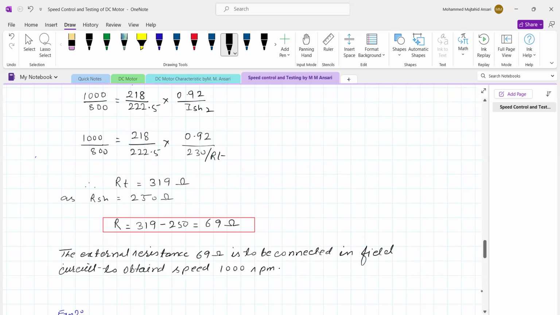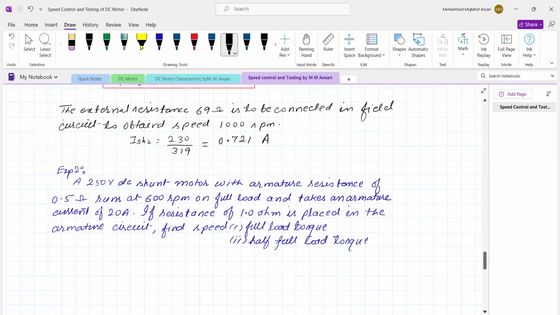Now from this one, we can calculate the ISH2. So ISH2 is 230, the supply voltage, divided by 319. So definitely ISH2 must be smaller than the field current in the initial condition. So it is equal to 0.721 ampere. It is smaller than the 0.92 ampere.